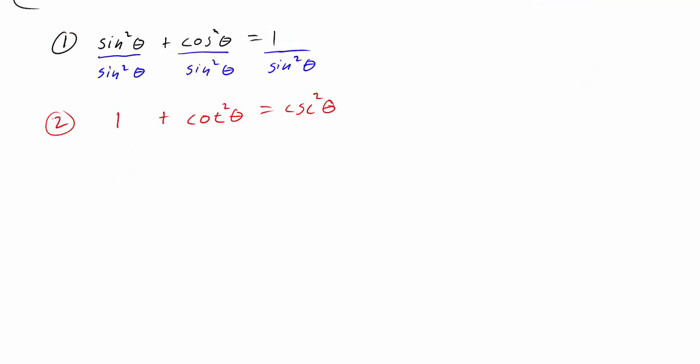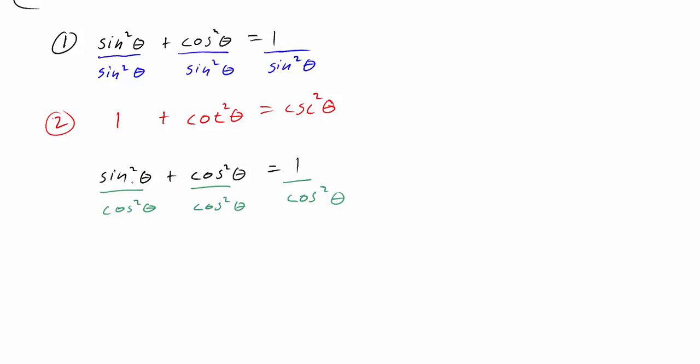Once again, if we take the first one, sine squared plus cosine squared equals 1, now instead of dividing by sine squared, what happens if we divide everything by cosine squared? In doing that, we end up with sine squared over cosine squared.